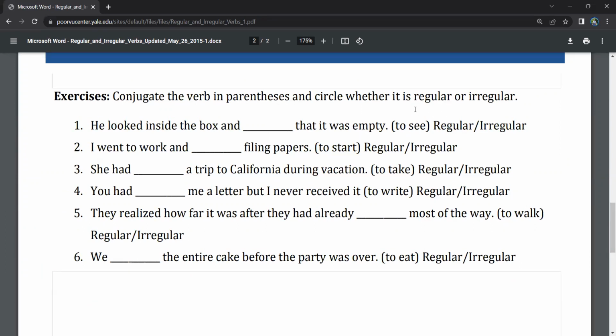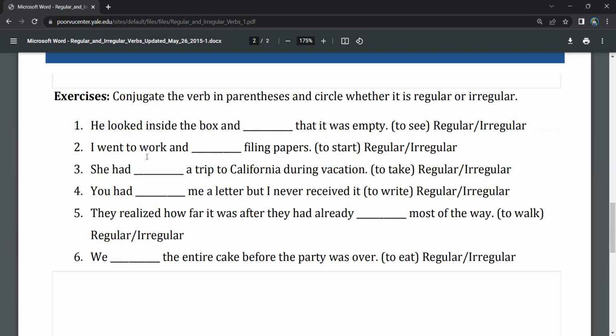So we're going to use the infinitive to see. Of course, the correct answer is, what would be the past form of the word see? It's saw. Correct. So how about whether it is regular or irregular? The answer is irregular because it changed its spelling.